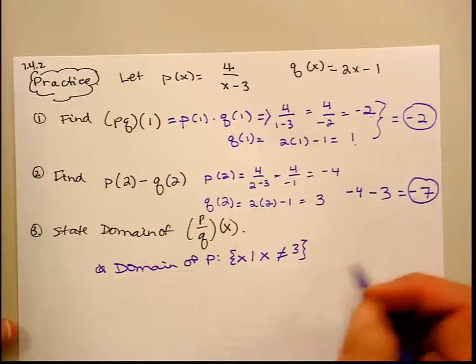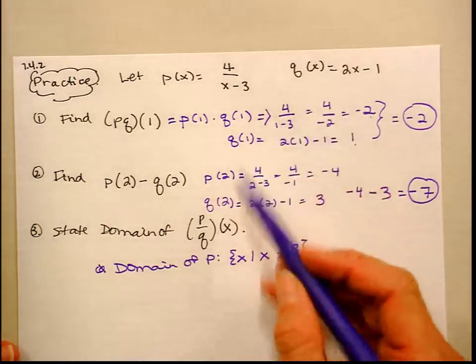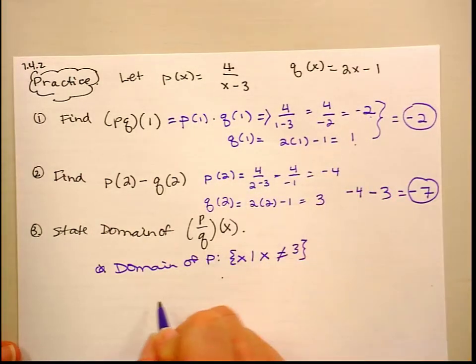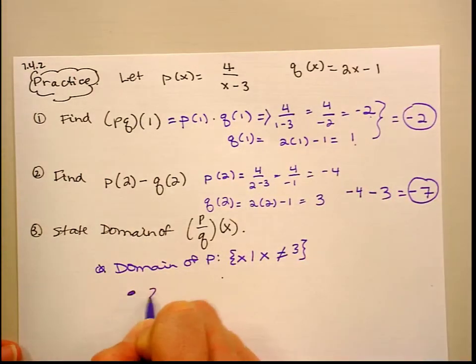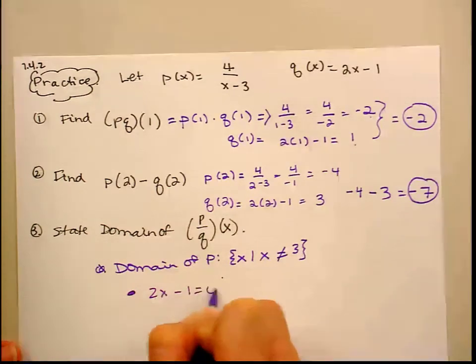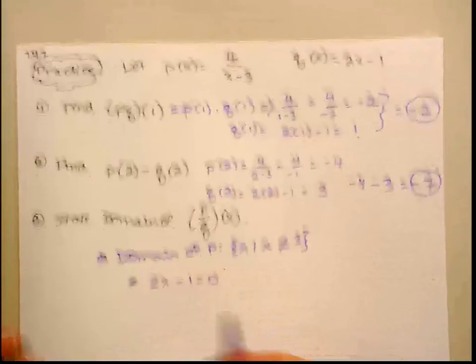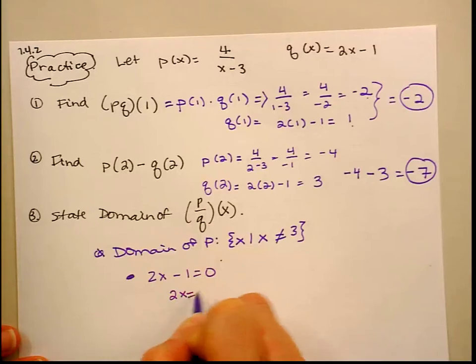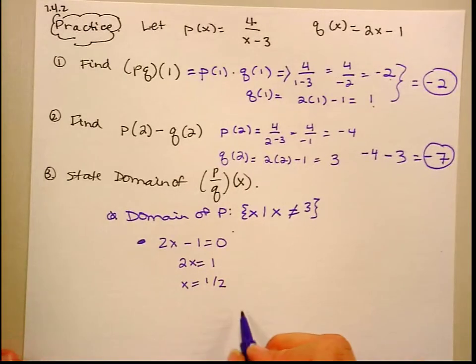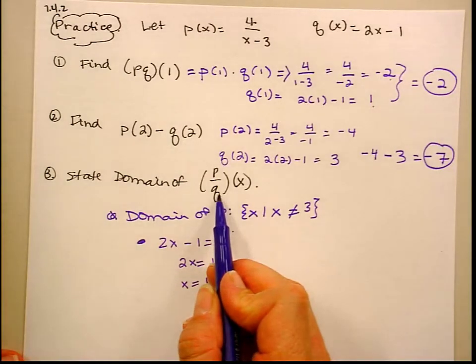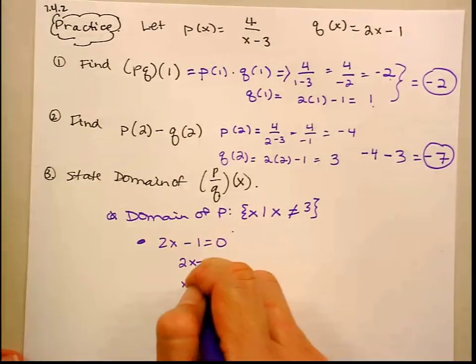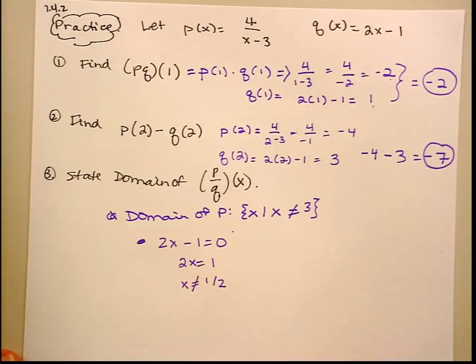And now, since we're going to divide by q, we're going to have one more restriction. We're going to have to exclude anything that makes the denominator equal to 0. So it looks like 1/2 also has to be excluded when we're doing the quotient. Okay, so x actually cannot be equal to 1/2.